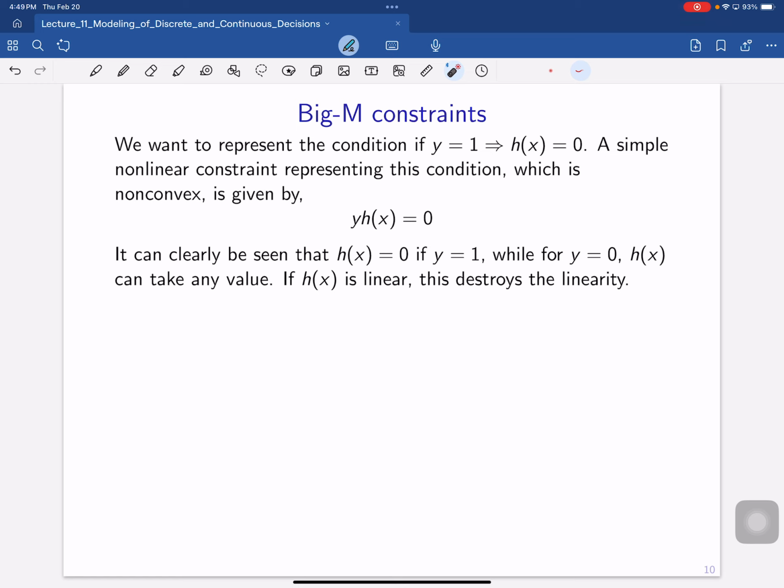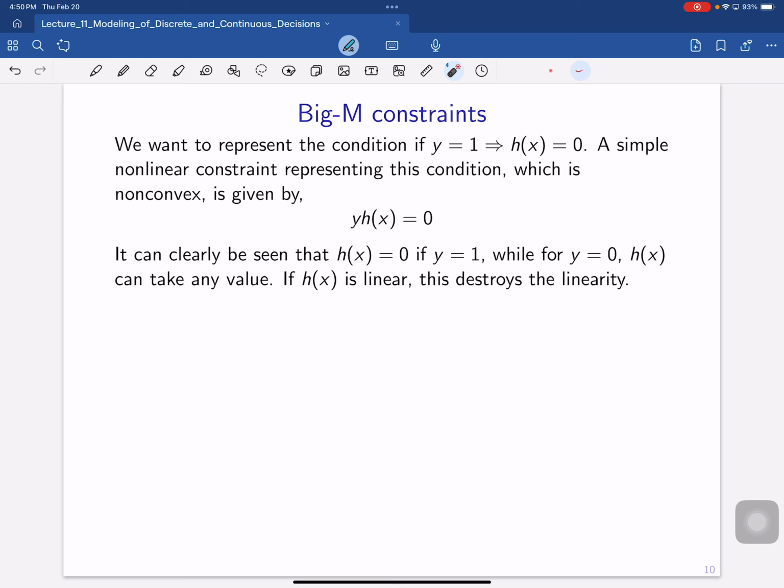Since most of the audience are chemical engineers, I will use a very simple chemical engineering example. Suppose y1 represents that you are installing a reactor, right? And then h of x represents a constraint, like the physical conditions in that reactor, like mass and energy balance. What goes into the reactor has to be equal to what goes out, right?